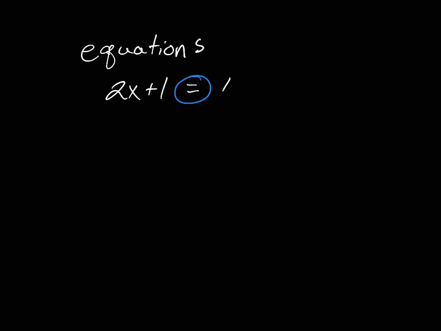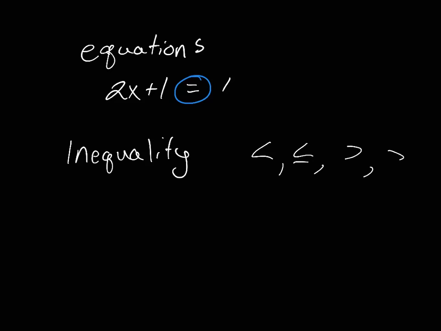What we're going to move into are inequalities, and inequalities are going to use different signs than the equal sign. With an inequality, you're going to see a less than, greater than, or greater than or equal to. This is because one side is not going to be equal to the other side like it is in an equation.